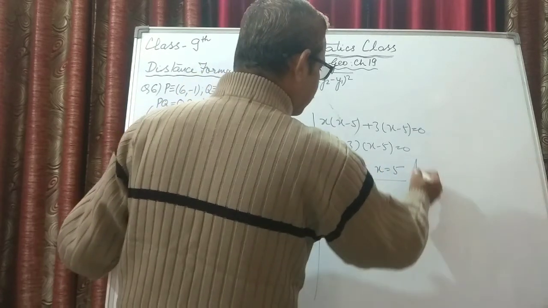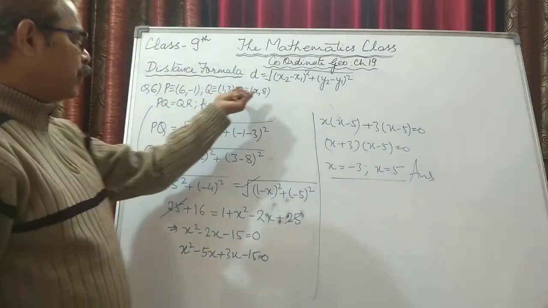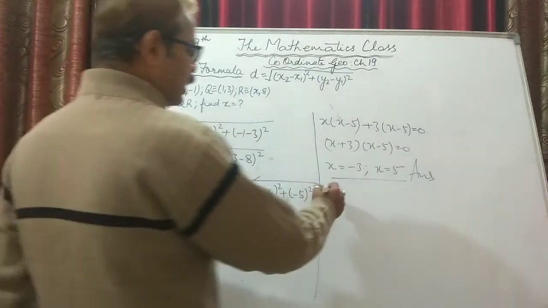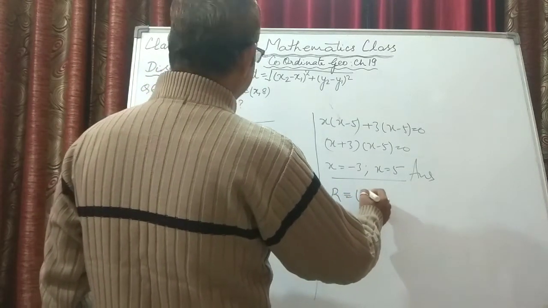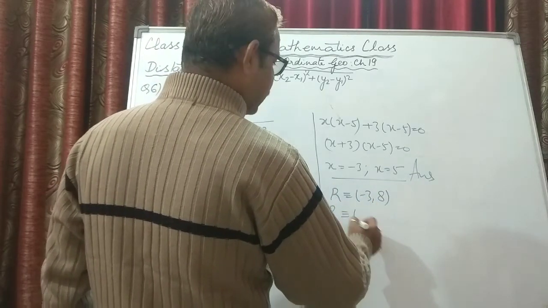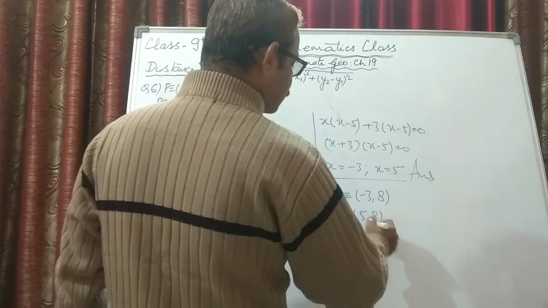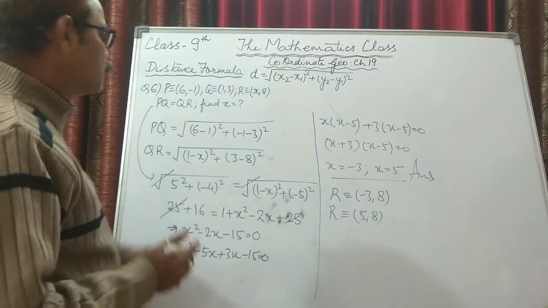So we will get two different values of x which satisfy, means the coordinates of point R can be, first, minus 3, 8 and second, 5, 8. So at these 2 points PQ will be equal to QR.